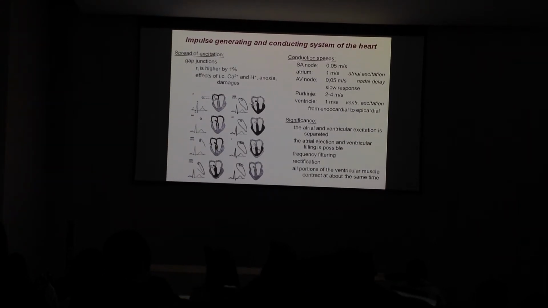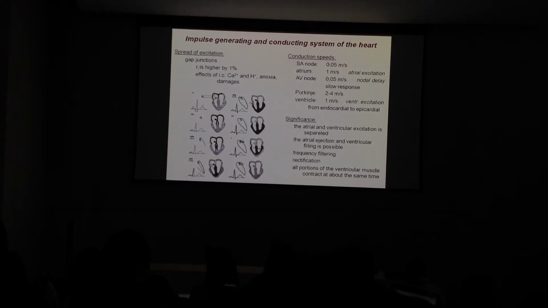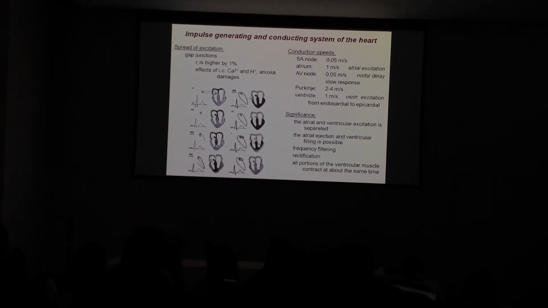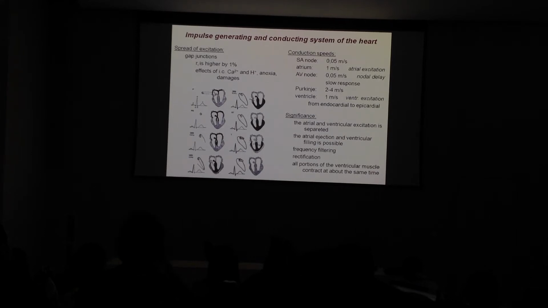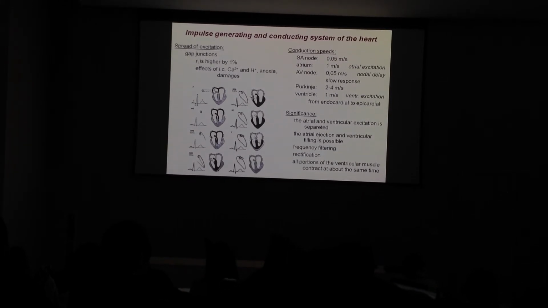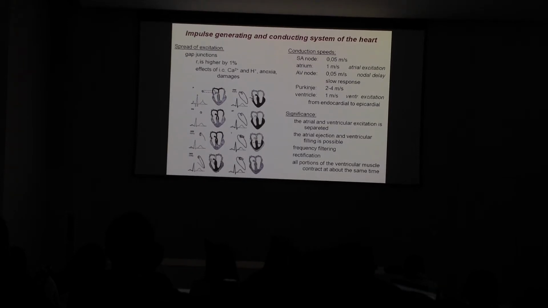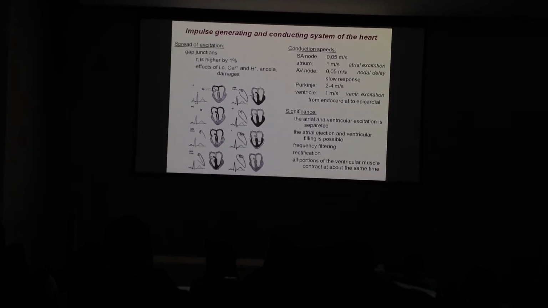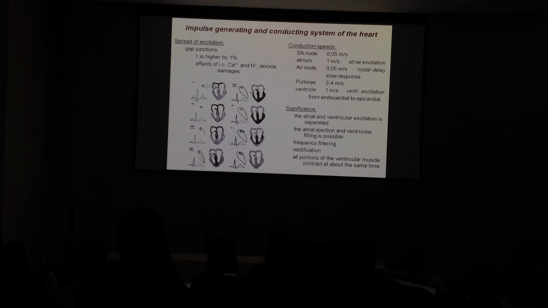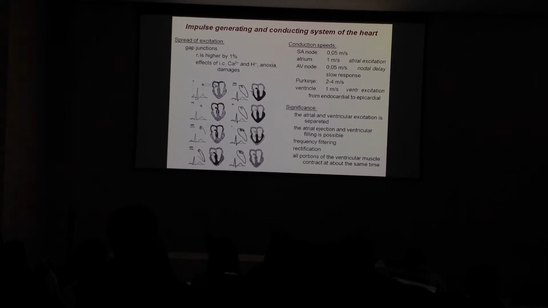If you evoke an action potential at a point, it can reach all the muscle fibers and can depolarize the whole ventricle or the whole heart. And this is made possible by the gap junctions. The gap junction between two cells has roughly the same resistance as the intracellular resistance, therefore it doesn't prevent the propagation of the action potential.